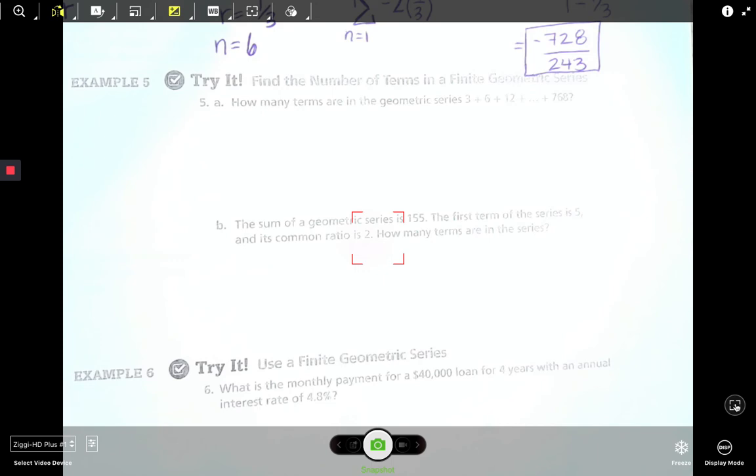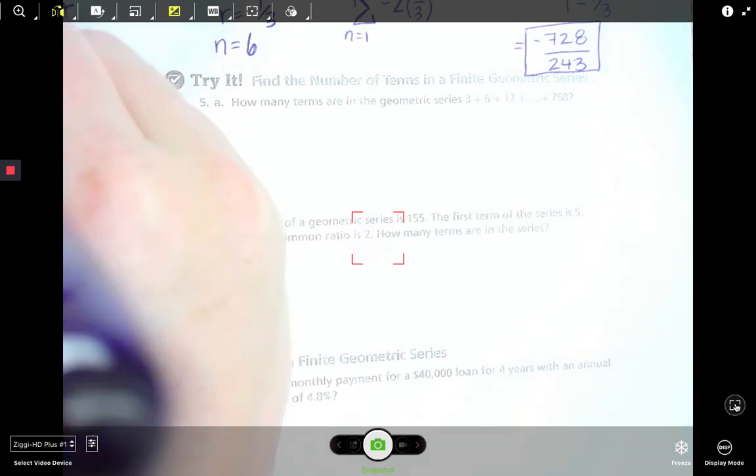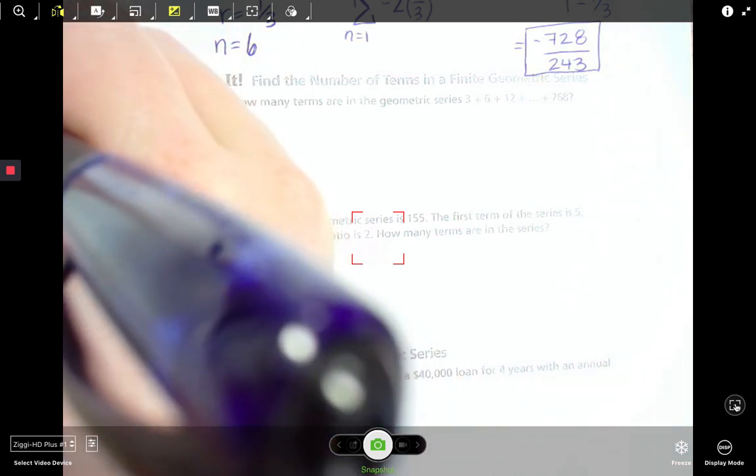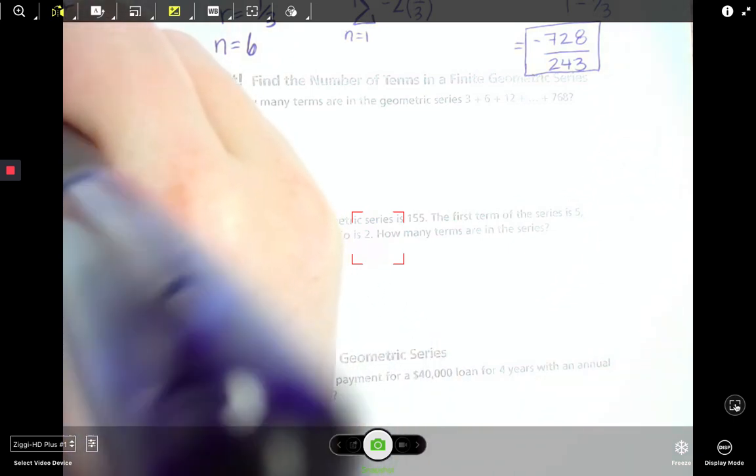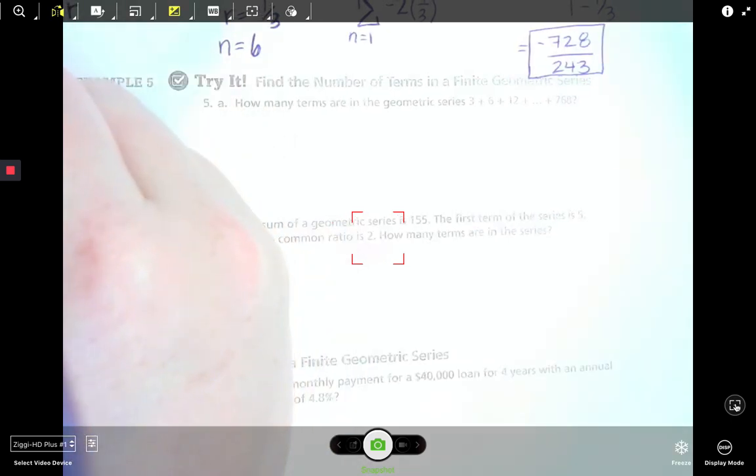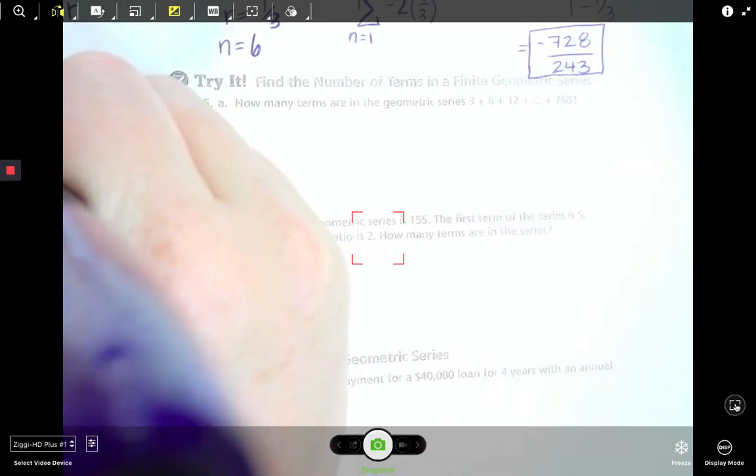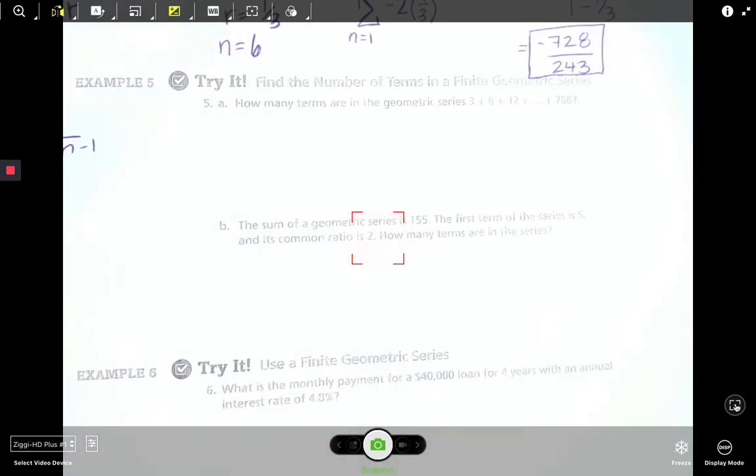So what we do is we go back to our explicit formula, which was a sub n is equal to a sub 1 r to the n minus 1.